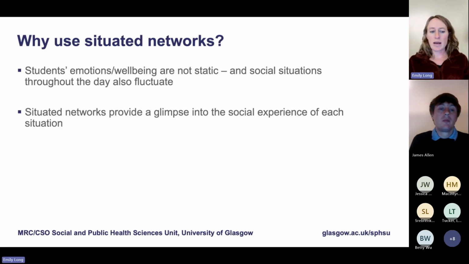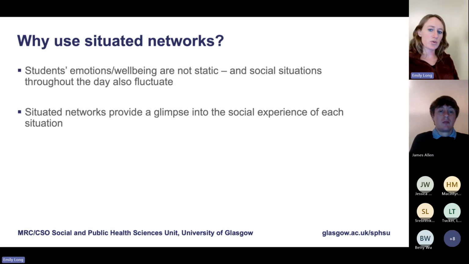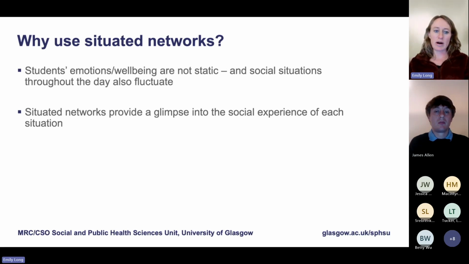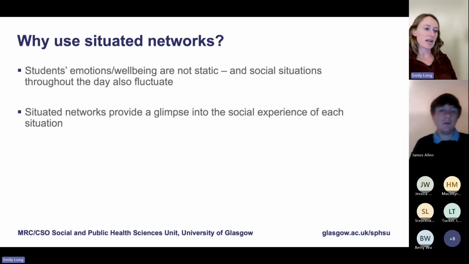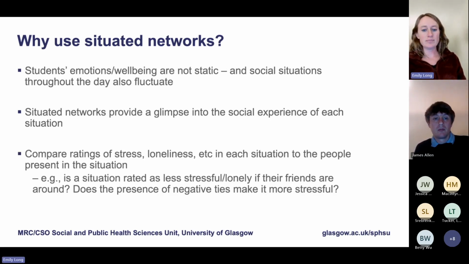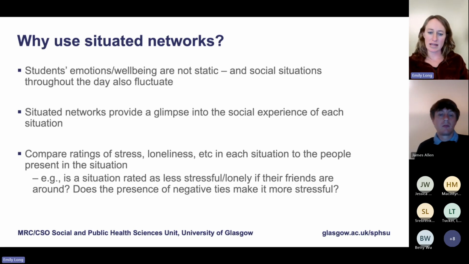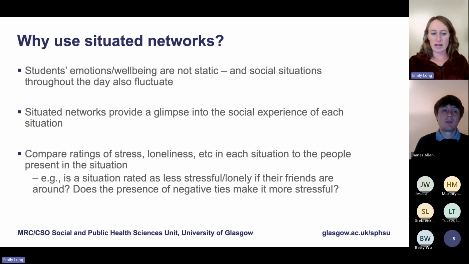So by capturing situated networks, we're able to actually understand the social experience of each situation. So not just who are your friends and then how lonely do you feel, but who are your friends, who is present in a specific situation, and how lonely do you feel? And that's exactly what we're trying to do with the data, to compare ratings of stress, loneliness, etc. in each situation in light of the people that are present in that situation.